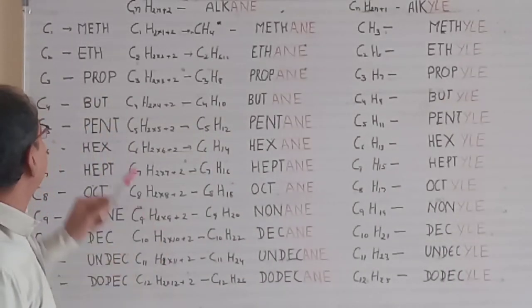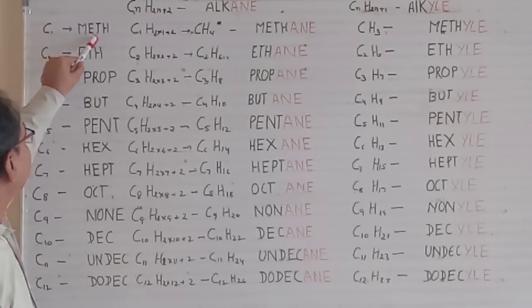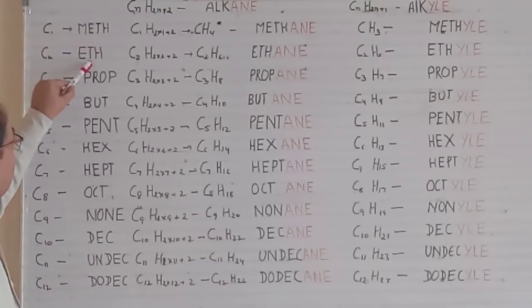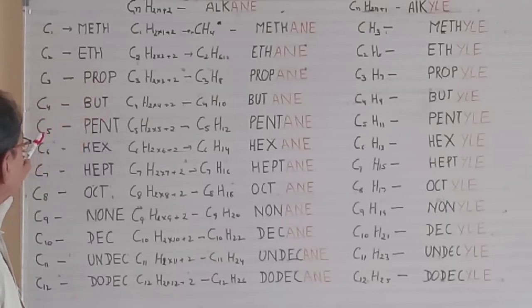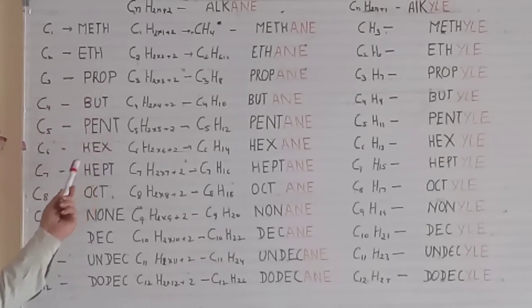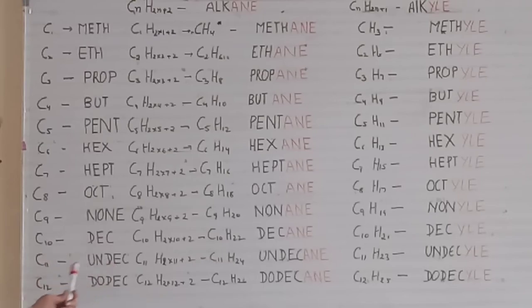In the language of chemistry, for C1, one carbon, we say meth; C2 is eth; C3 prop; C4 but; C5 pent; C6 hex; C7 hept; C8 oct; C9 non; C10 dec; C11 undec; and C12 dodec. Generally at competition and school level you just need 12 carbons. Otherwise you can make it tridec, tetradec, pentadec and it goes on like that.